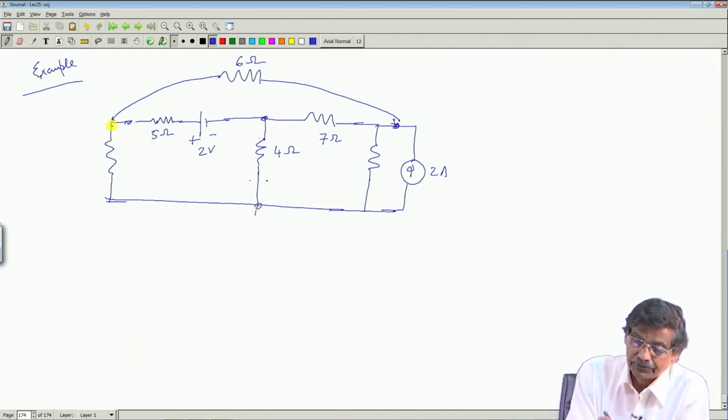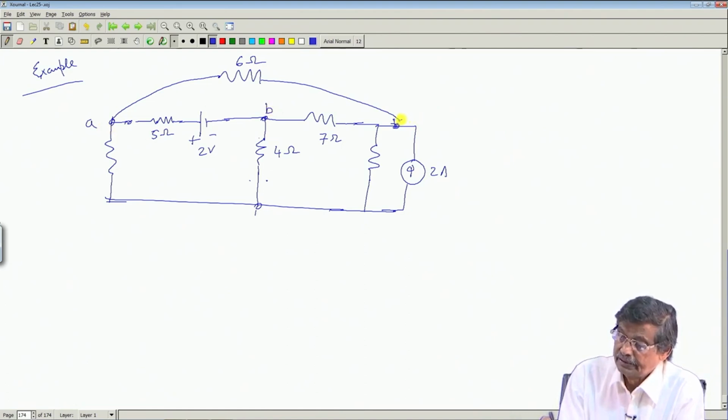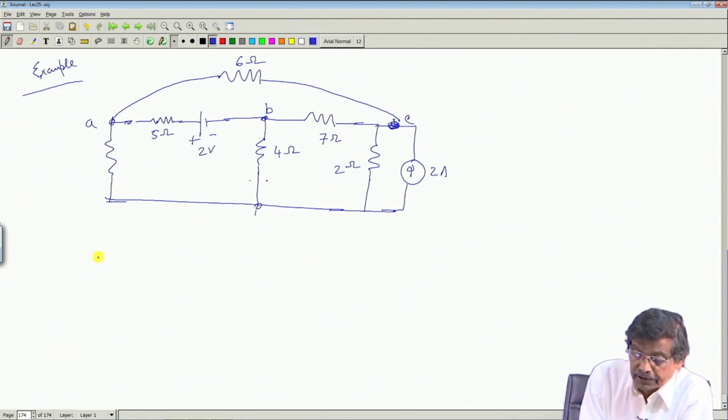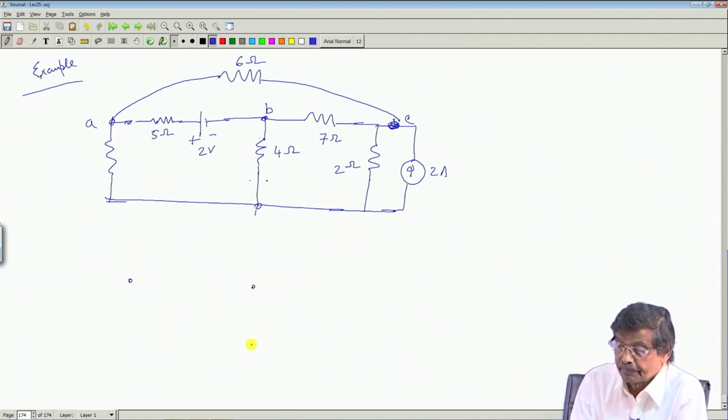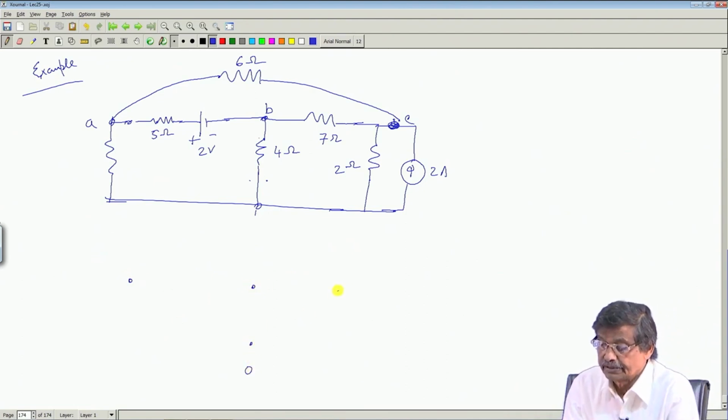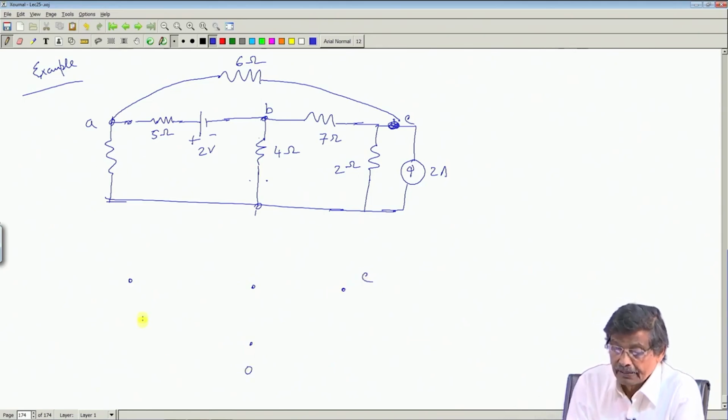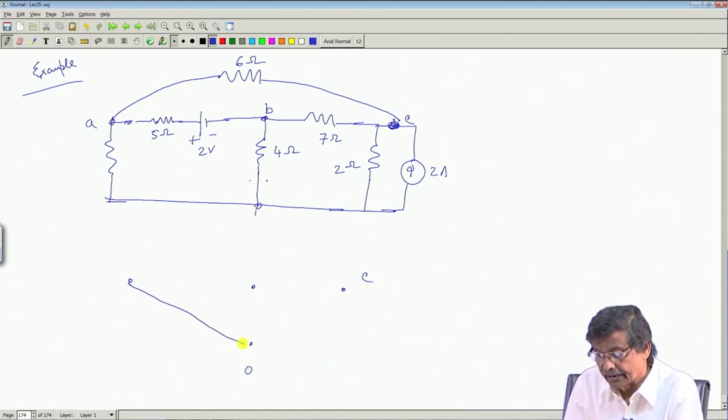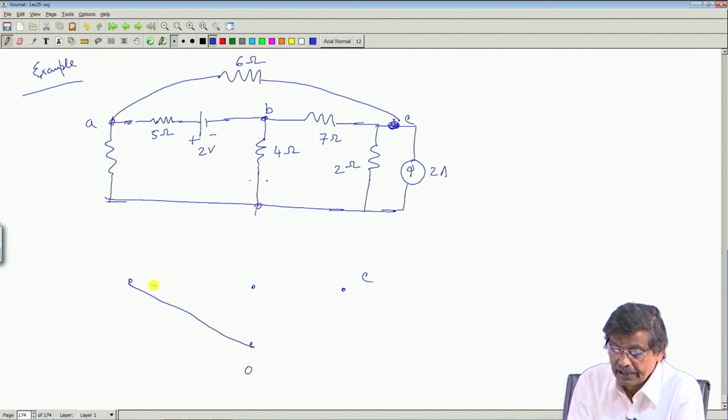Acha, in this network, these are the nodes A, B, and this is the big node C. Let us say this is 2 ohm. While drawing the graph of this network, A, B, this is 0 say, this is say C, you just draw a single line. Here also a single line, although there were 2 elements, 5 ohm and 2.